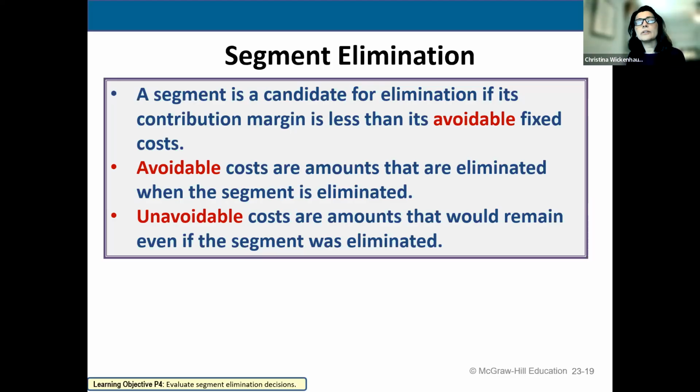And some of that overhead doesn't go away just because you get rid of the product. So if it's an avoidable cost, that's great. That's going to be relevant. But if it's unavoidable, those amounts are going to remain whether we get rid of this segment or not. And that means those unavoidable costs have to get sucked up by the other segments that are making money. And it could mean that you're making less money overall.